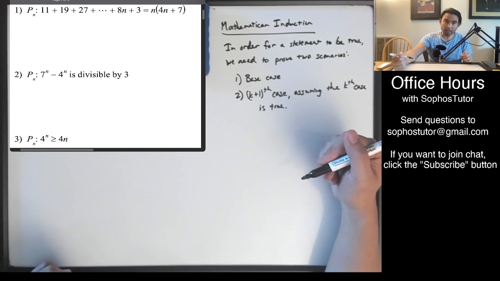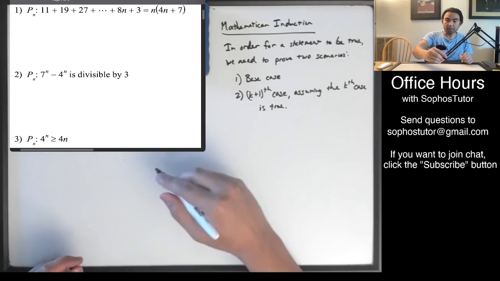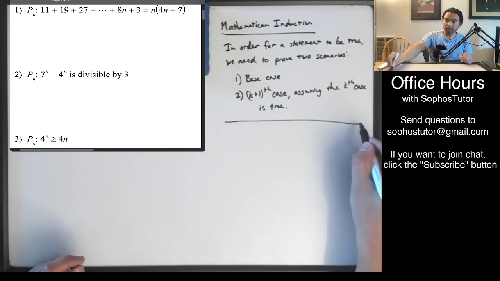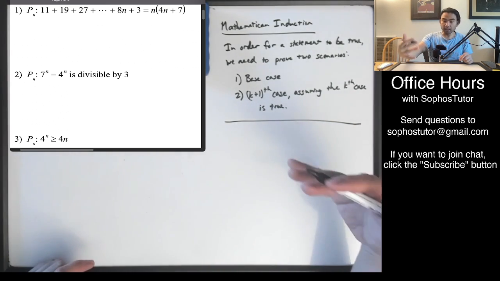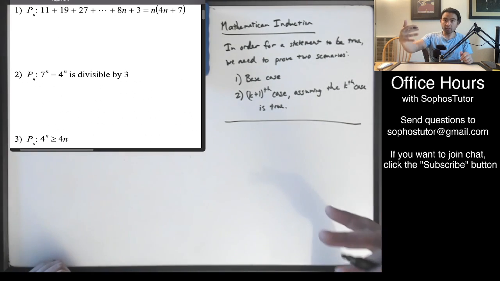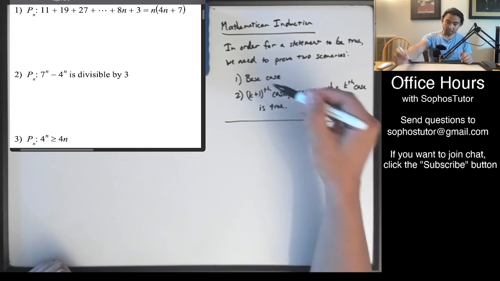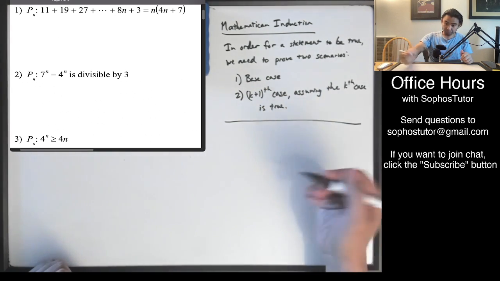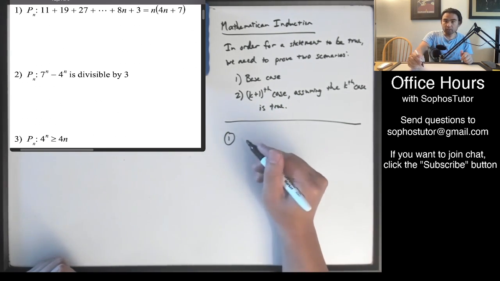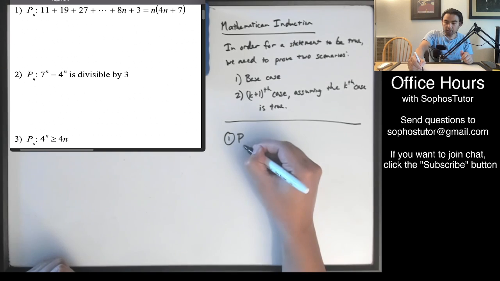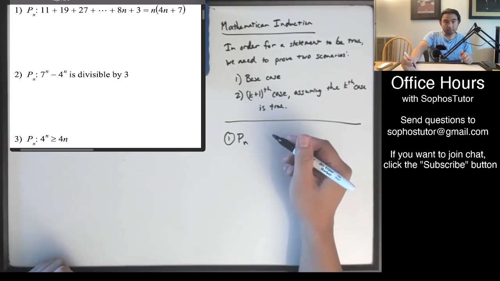So let's walk this back a bit. Let's first examine this first problem and break down what the statement is trying to say, and then talk about how do we prove that both the base case and the k+1th case of the statement is true. Okay. So in problem number one, we see that we have a sum Pn.